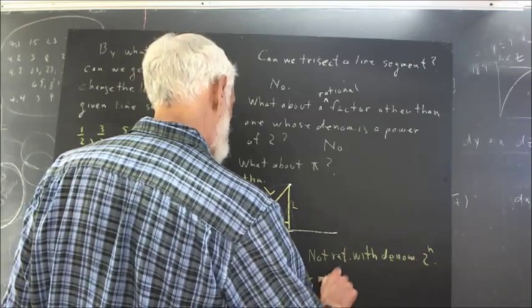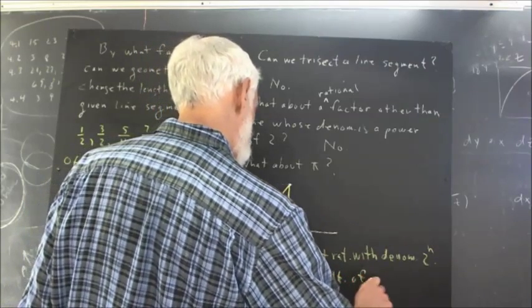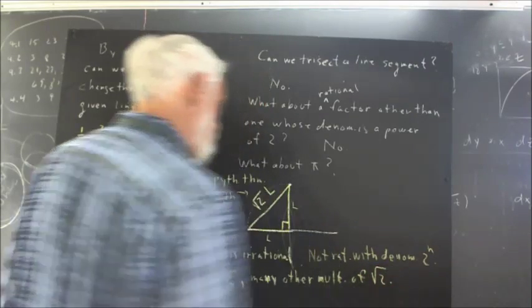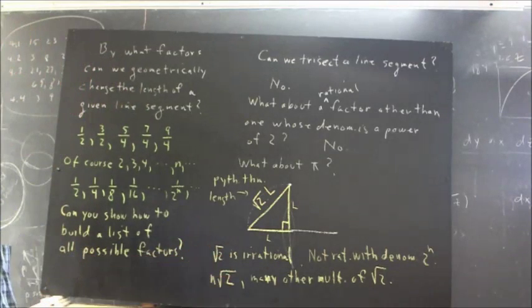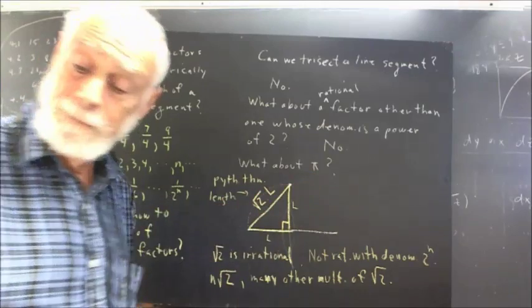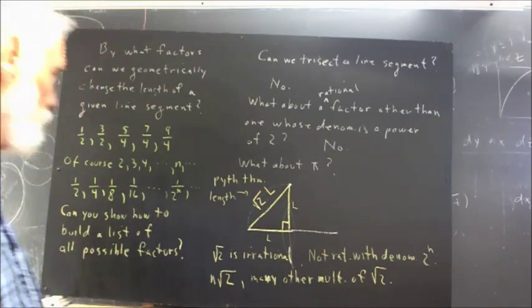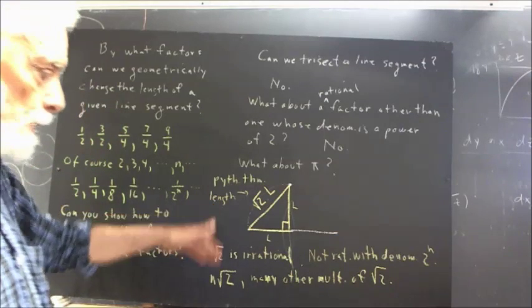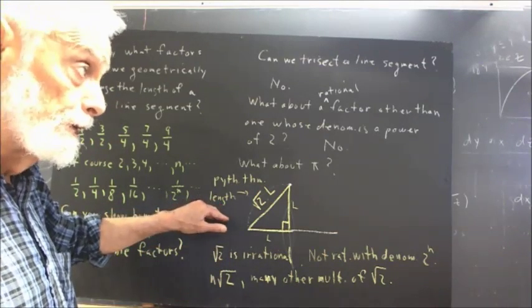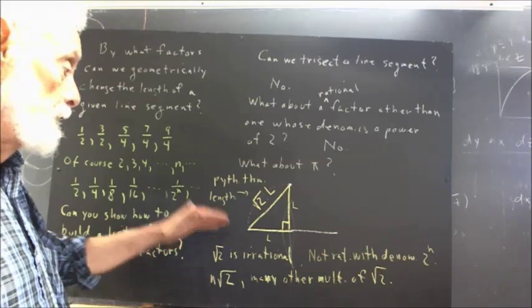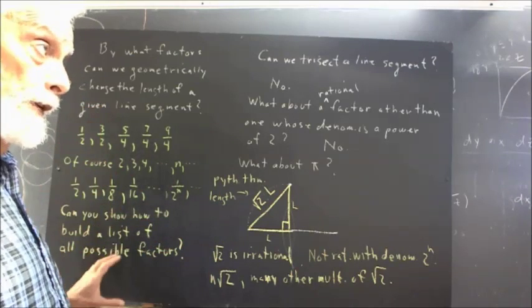Many other multiples of square root of 2 would be geometrically constructible. I haven't addressed pi. Okay, well, we'll go on with what you can do, at least with this list. We're not going to worry too much about this list, but it does exist, and there are constructible lengths that aren't on this list.